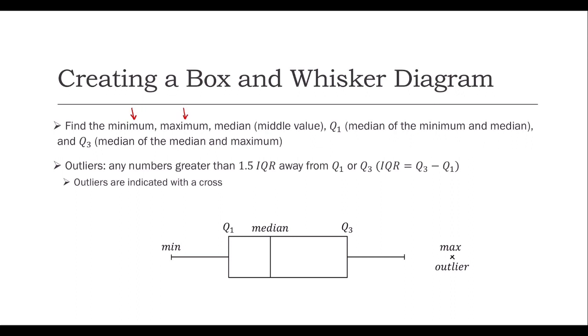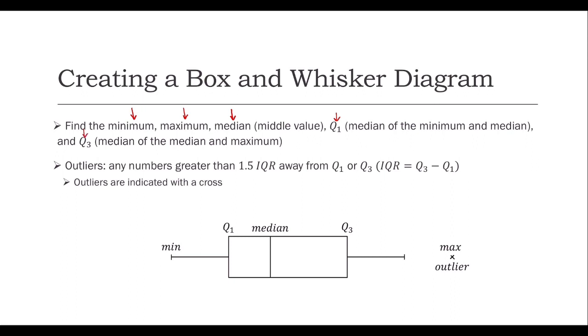If you find the middle value between those, it'll be your median. And then your Q1, your first quartile, is the median of the minimum and the median. So you'd find the middle point between your median and minimum, and that'd be Q1. And then you'll do that same thing for Q3, except it'll be the middle of the median and the maximum.